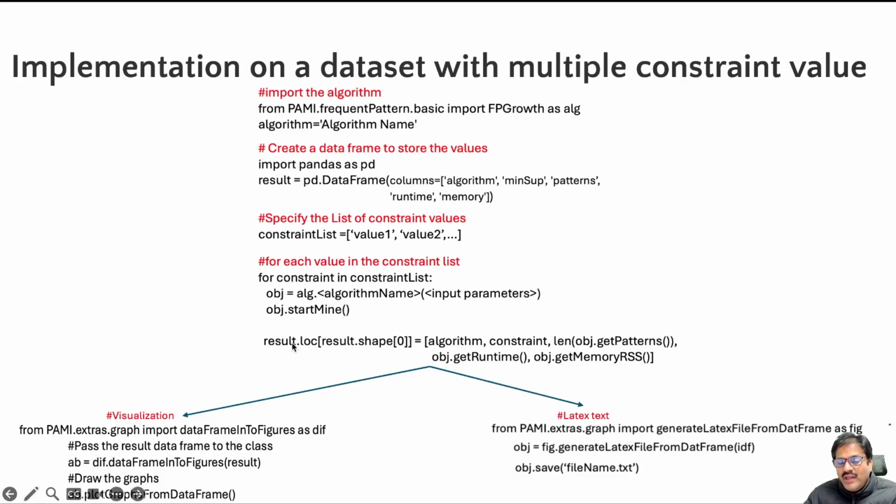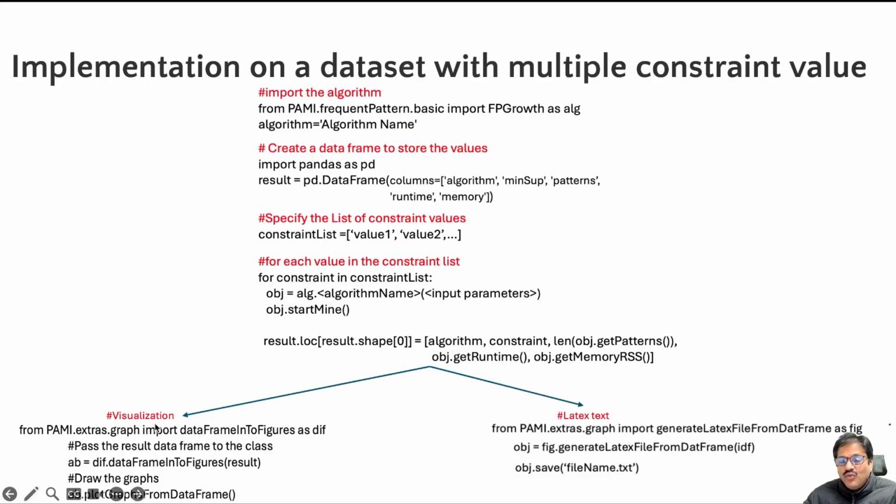Once we store the results in the data frame, we can print this data frame or store it as a CSV file, or we can visualize the data frame using the library that exists in the PAMI repository.